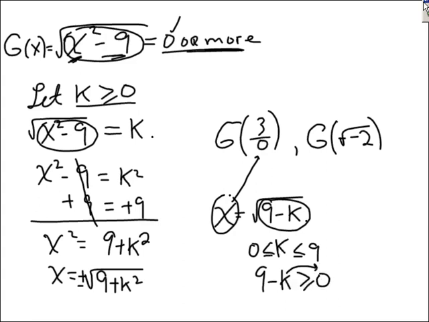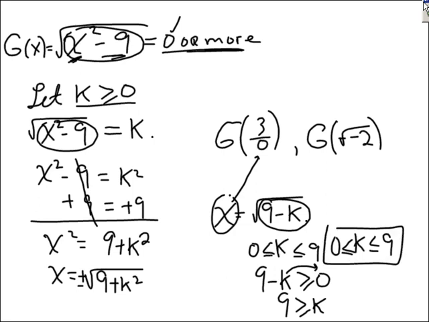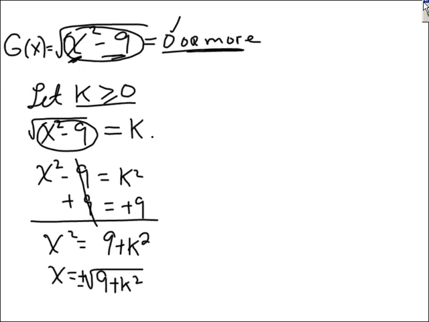Bring the k to the other side, and then you learn that 9 must be greater than or equal to k. And you have a constraint that k is greater than or equal to 0. Okay, so you can only have k being between 0 and 9. Okay, we said that. We mentioned it. Let's go back to our example.